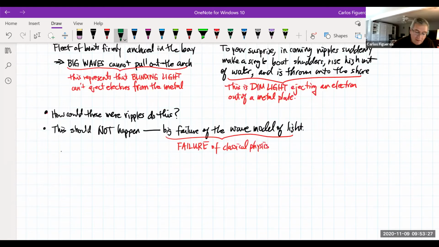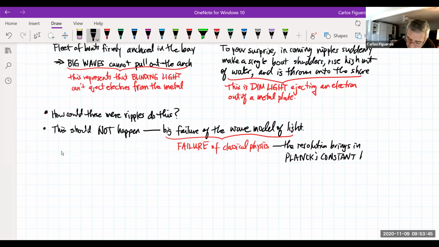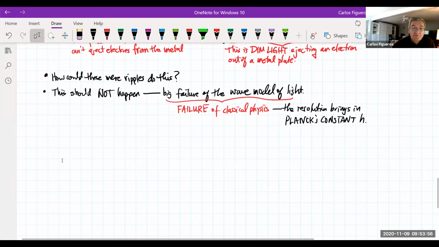And what we're going to do now is that the resolution brings in Planck's constant, h. Before this, there was no resolution. Now there is a resolution. So let's go look at this. Now who enters the picture? Einstein's proposal.